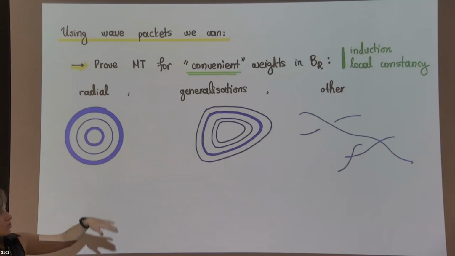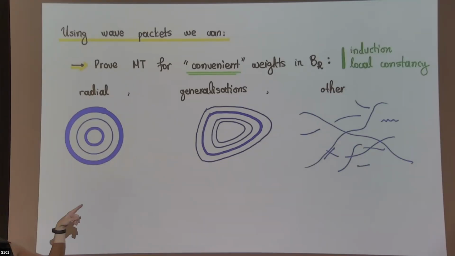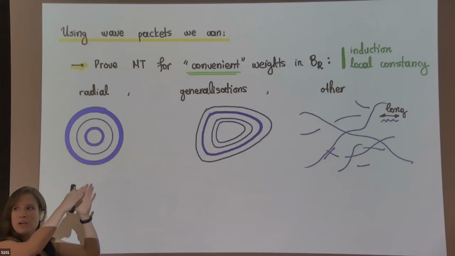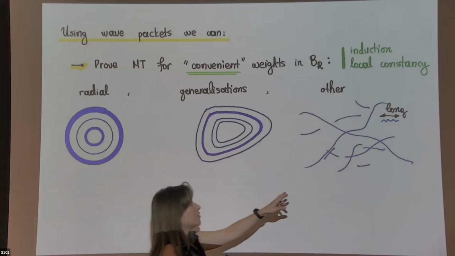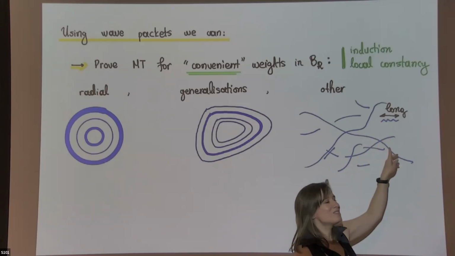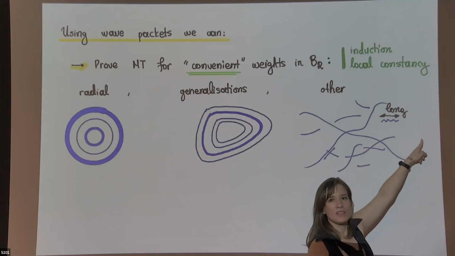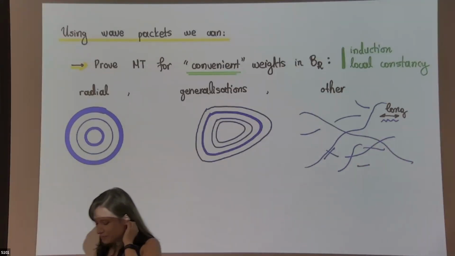So the slopes are sort of controlled, but the important thing here is that these patches should be quite long. So the tubes we have carrying the wave packets, if you take any tube intersecting this, they should cross it from one side to the other. This should be R^2 long.